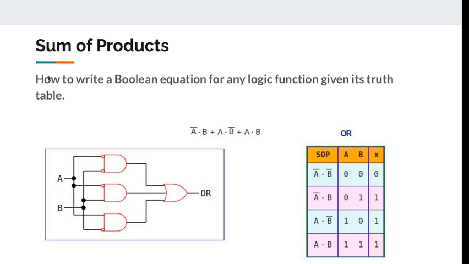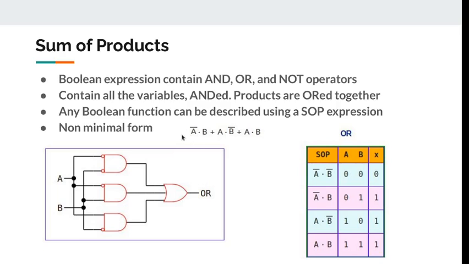But now we are going to learn how to write a Boolean equation from any logic function that you have as a truth table. So this is the truth table. You have A and B, and you have the behavior that you want. In this case, it is the OR, and we're going to learn how to extract that to an equation that works with any truth table.